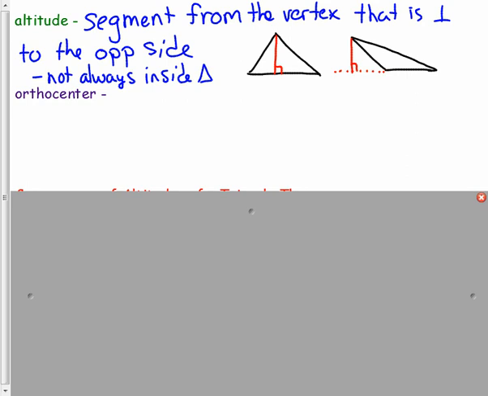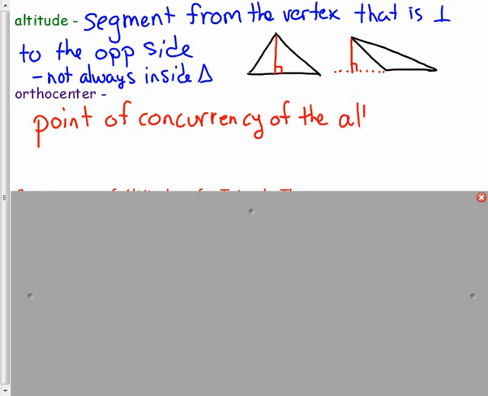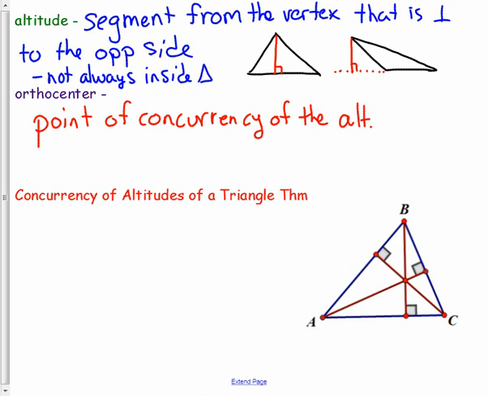The orthocenter is the point of concurrency of the altitudes. The orthocenter theorem, there's no fancy theorem.